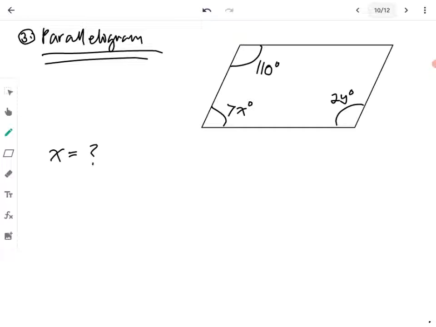I think this one is that 110 degrees and 7x are consecutive interior angles. Again, we know that the opposite sides of a parallelogram are parallel, and this side acts now as a transversal.